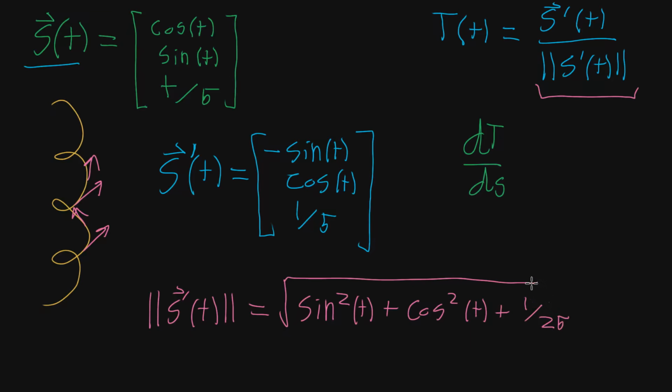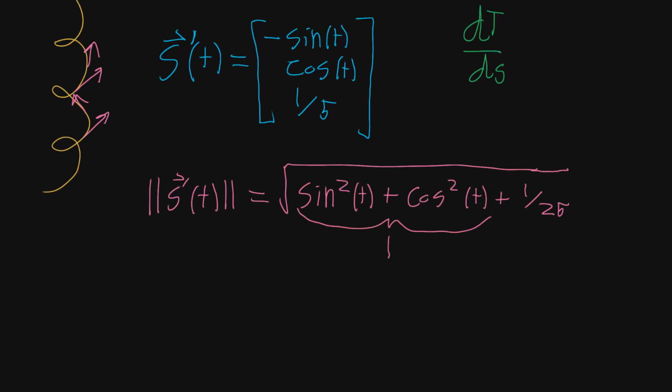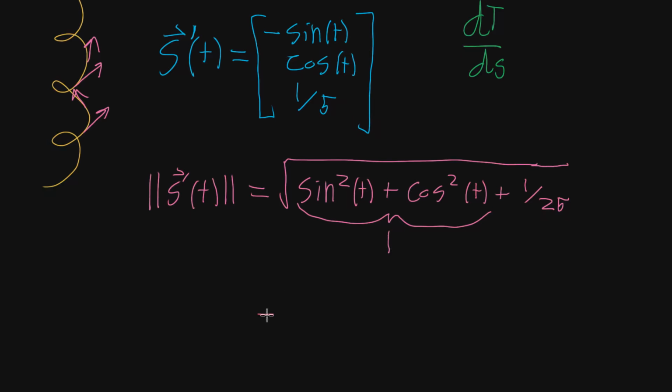And you might notice I use a lot of these sine-cosine pairs in examples, partly because they draw circles, and lots of things are fun that involve drawing circles, but also because it has a tendency to let things simplify, especially if you're taking a magnitude, because sine squared plus cosine squared just equals 1. So this entire formula boils down to the square root of 1 plus 1 divided by 25.